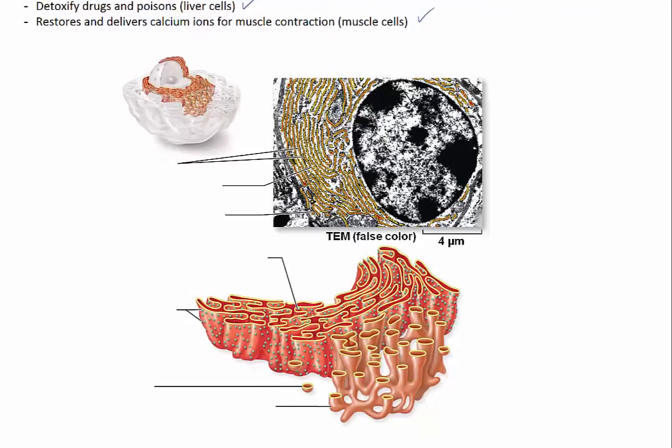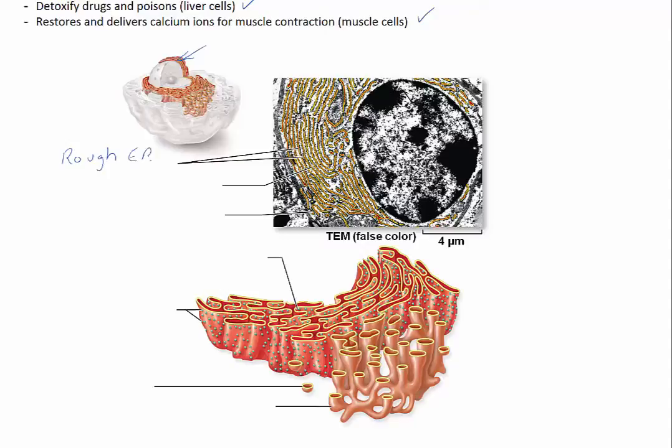This image shows an illustrated version of smooth and rough ER, as well as an electron micrograph of rough ER. And as you can see from this image up here, the rough ER originates at the nuclear envelope. This is the rough ER.